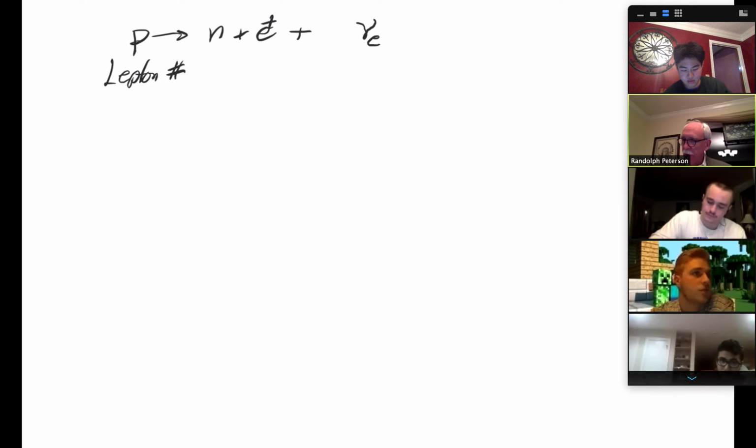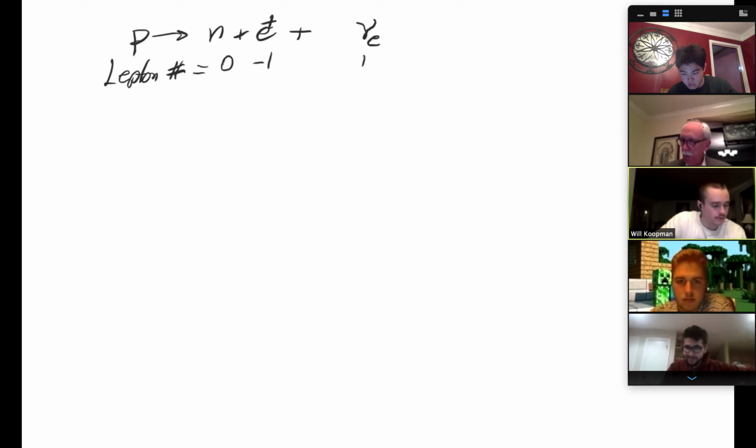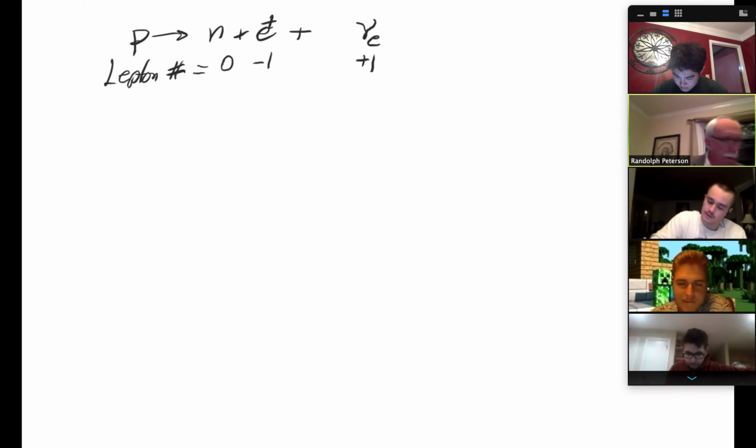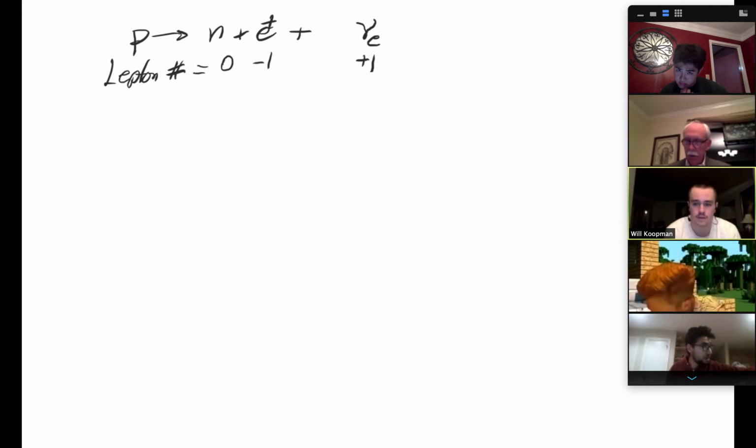Yeah, so the lepton numbers are 1, 0 to minus 1, 0, 0, and then plus 1. Oh wait, minus 1. Oh, I guess plus 1, so they are conserved. Yes, plus 1 for the neutrino. The anti-neutrino is minus 1. And the e plus is considered the antiparticle here.